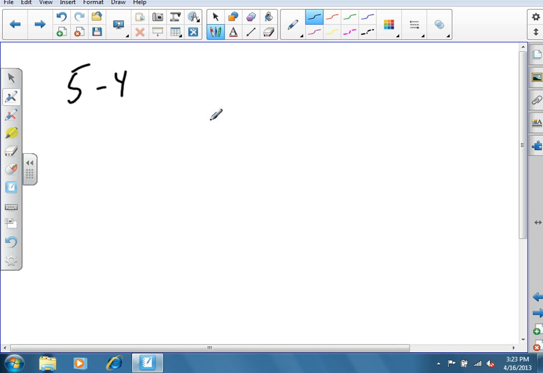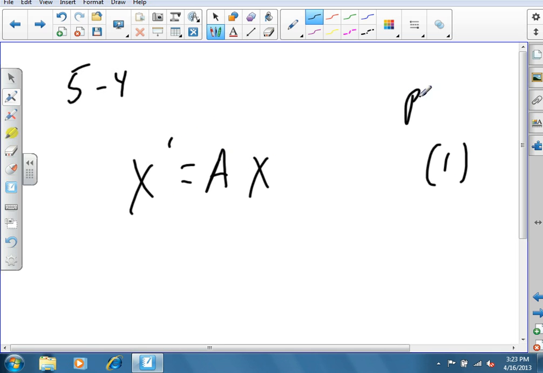And we're going to be in the form X prime is equal to A X. Okay, so I'm looking at equation 1 on page 366, and I'm writing that as X prime equals A X. That's what I'm doing. And then I'm asking myself, well, how am I going to solve that problem?